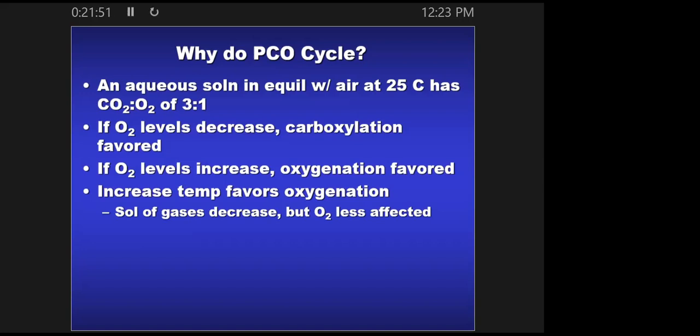So what that means is that oxygen stays in solution longer than CO2 under high temps. Okay, so that means oxygen stays dissolved longer. So that means Rubisco sees more oxygen at higher temps. And so then you get the PCO cycle.